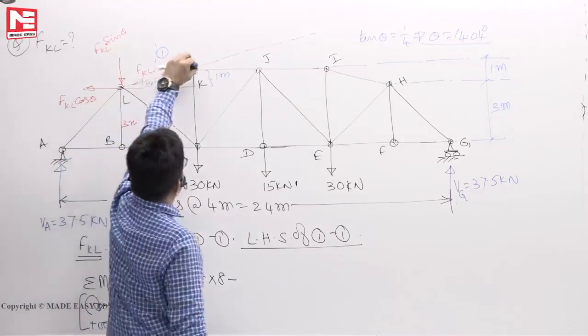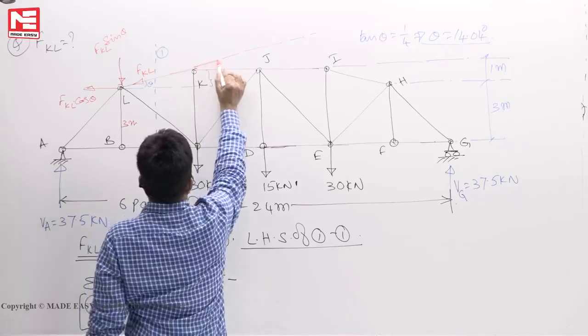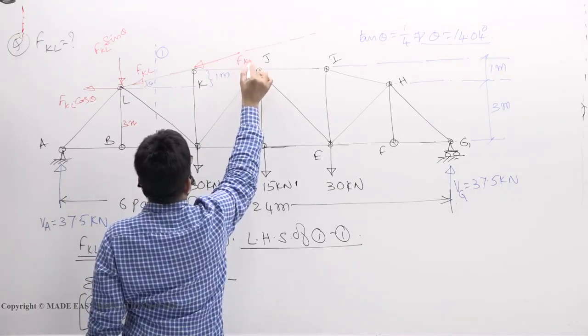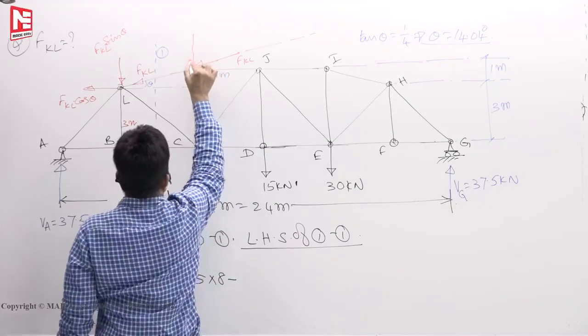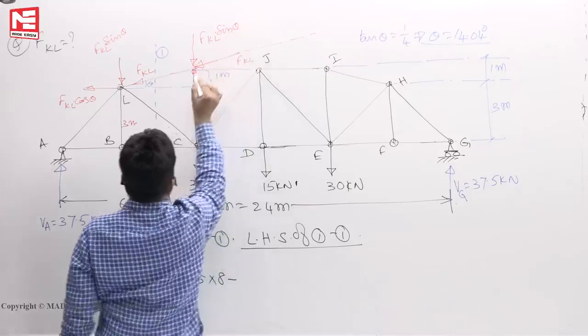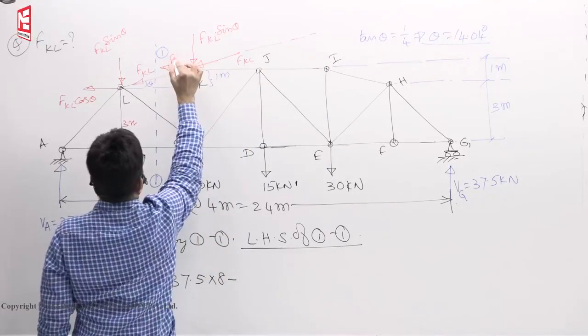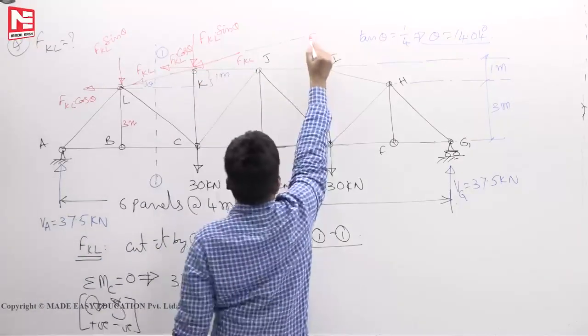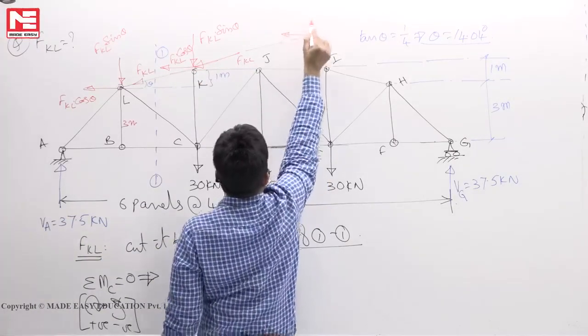If I pluck it and keep it here, say, along its line of action, this way, FKL, then what's the y component? FKL sin theta. This is FKL cos theta. I don't want here, I want to keep it here, say, okay, no problem.